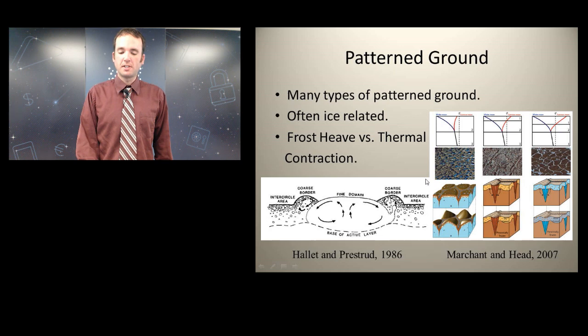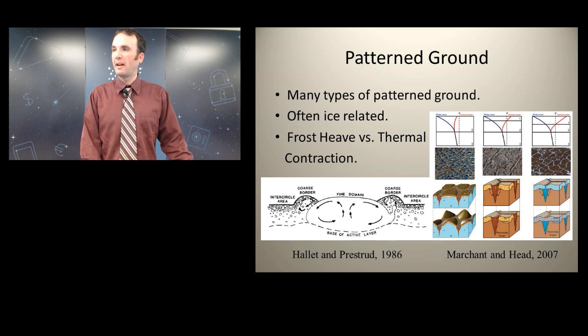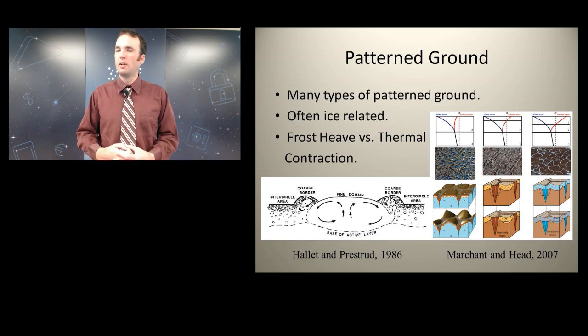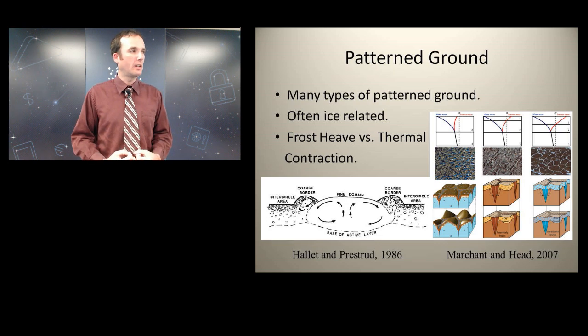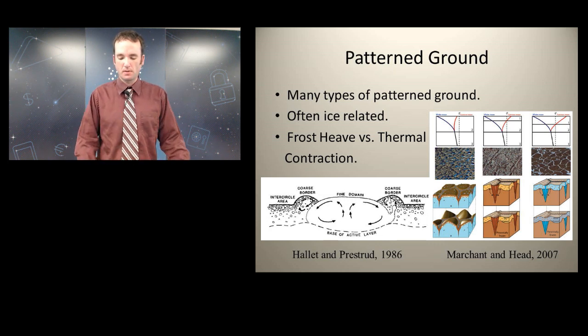Thermal contraction, on the other hand, involves having a very cemented, frozen subsurface that undergoes repetitive seasonal fluctuations in temperature. These fluctuations in temperature cause the ground itself to swell and shrink, which generates cracks when the strength is not enough to support the stresses involved.